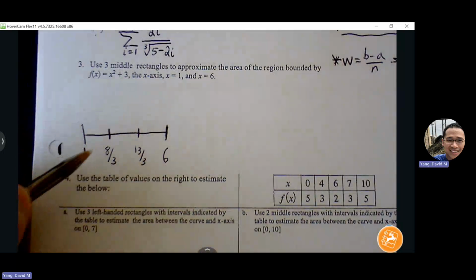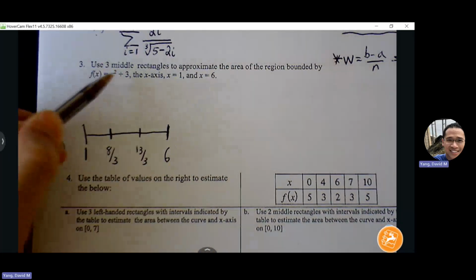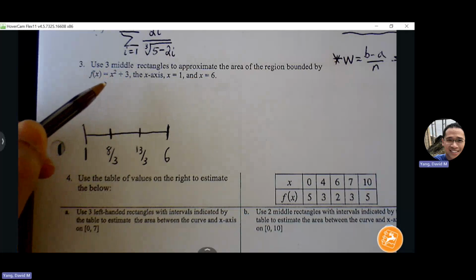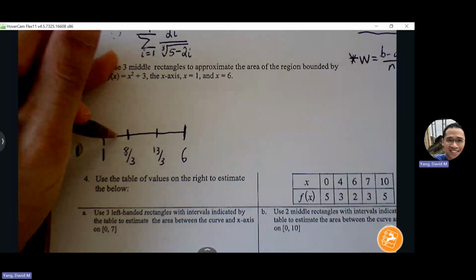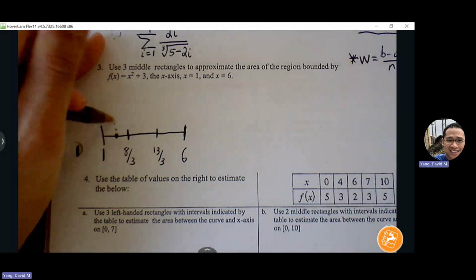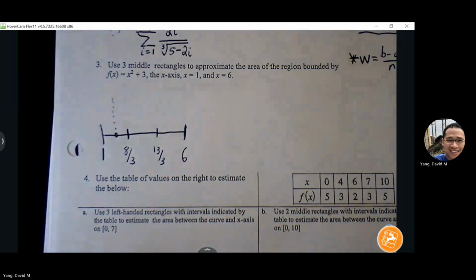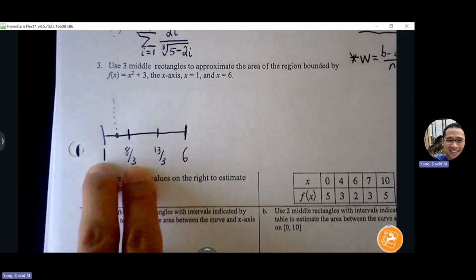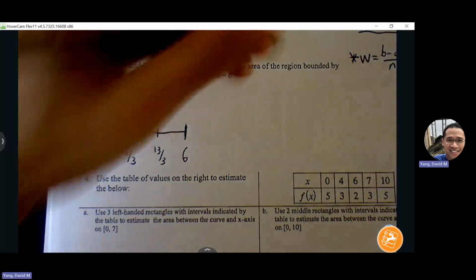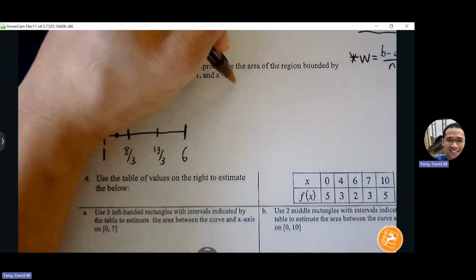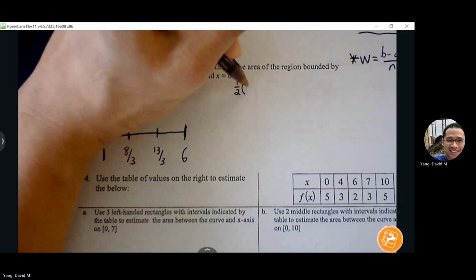Now I could just use these x values and plug into the function if I'm asking for right-handed rectangles or left-handed rectangles, but it's asking for middle rectangles. So I need to figure out the midpoint and then plug into the function to get the height. How can I find the midpoint between 1 and 8/3? Add and divide by 2, right? Or how about this? Add and multiply by 1/2.